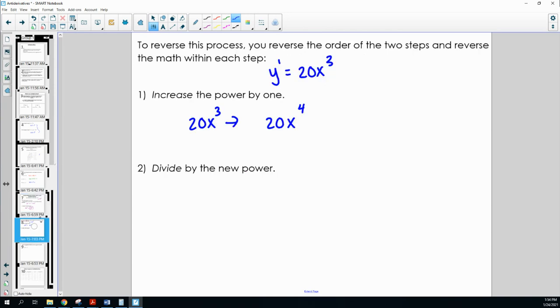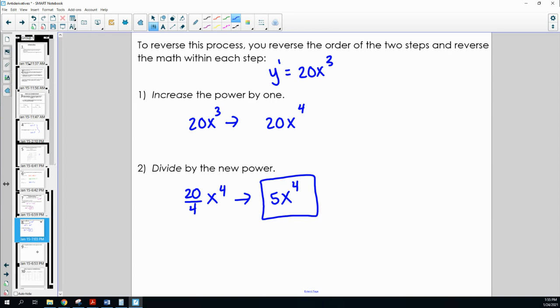So our second step when reversing is to take the exponent and divide by it instead of multiplying. So we really have 20 over 4 x to the fourth, which gives us 5x to the fourth. And that's our original function. So we're increasing the exponent by 1, and then dividing the number in front by the new exponent.